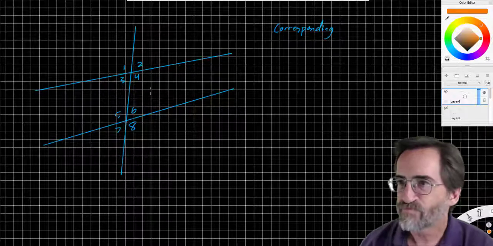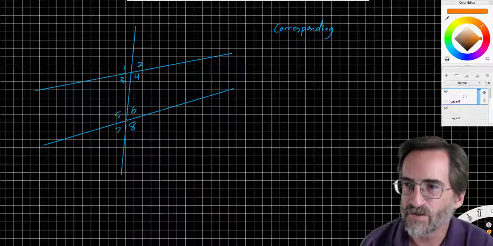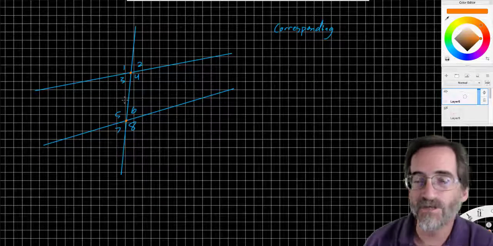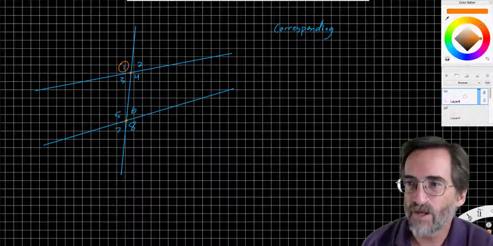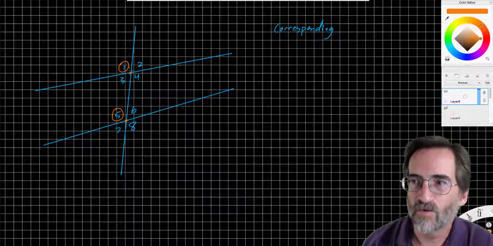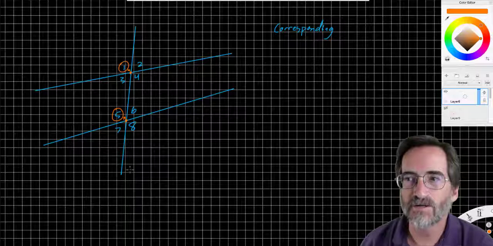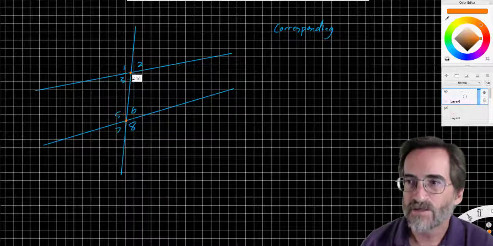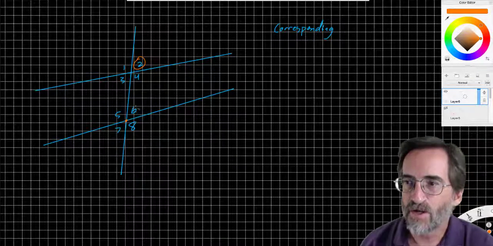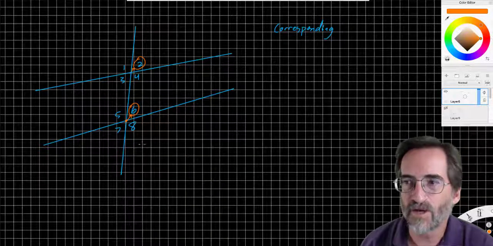Corresponding angles are angles oriented in the same place relative to each other at different intersections. So angle 1 and angle 5 are corresponding because they're both in the upper left of their intersection. Likewise, angle 2 and angle 6 are both in the upper right, so they are corresponding.